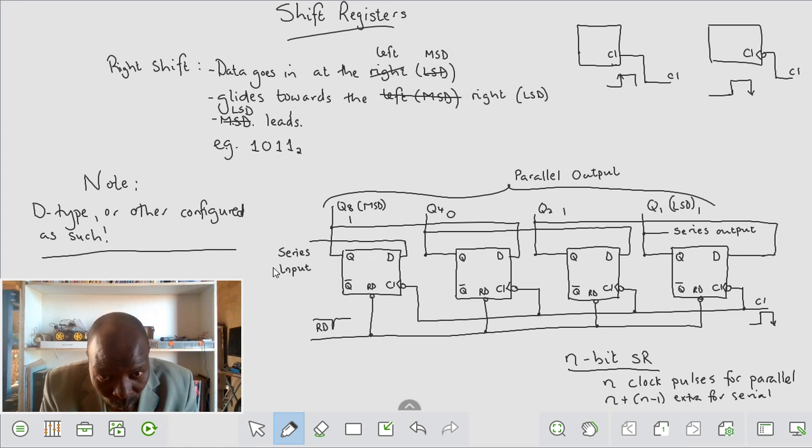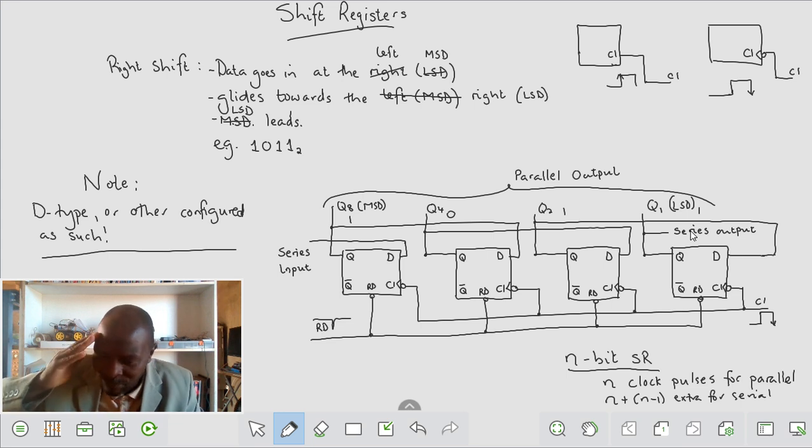For the right shift, we are entering at the MSD and gliding towards the LSD. That is basically the gist of the right shift and left shift registers. I hope that was informative.